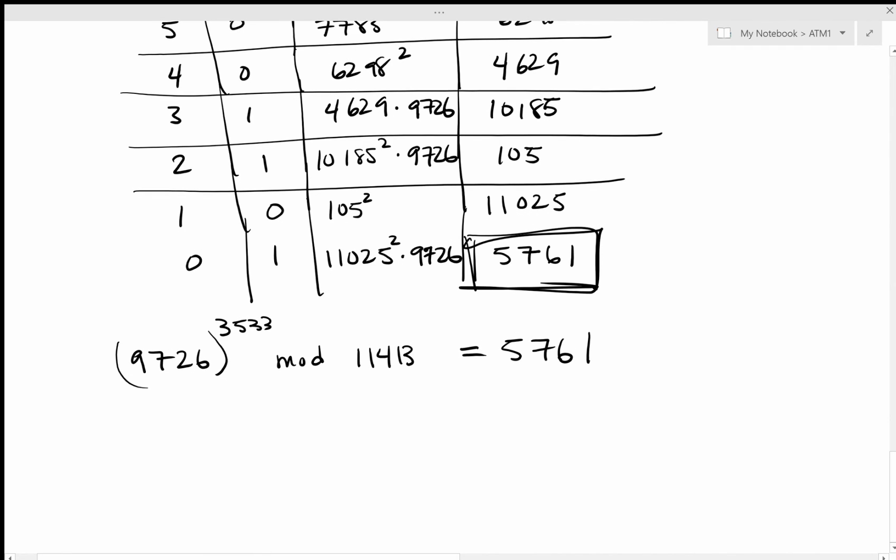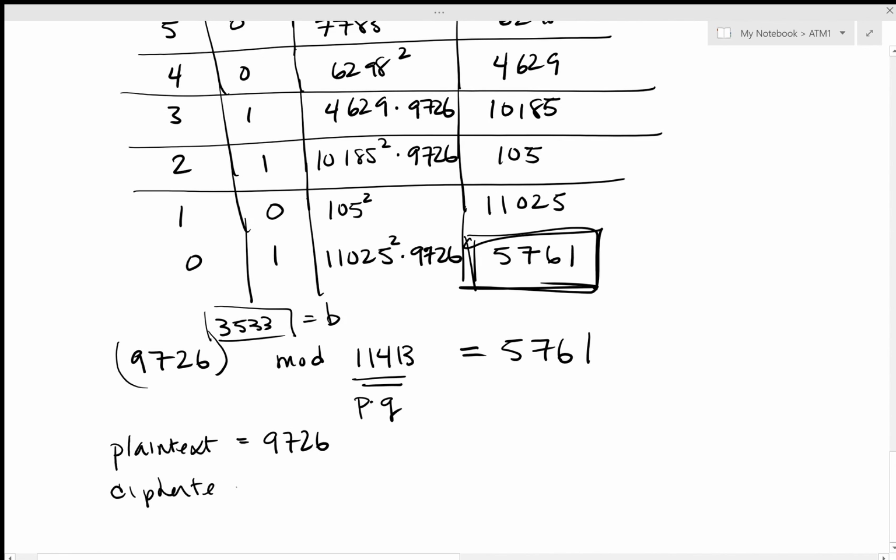So this number here is n in the RSA encryption, p times q. This number here is the exponent b. And I can be thinking of it this way: plaintext equal to 9726, ciphertext is 5761.